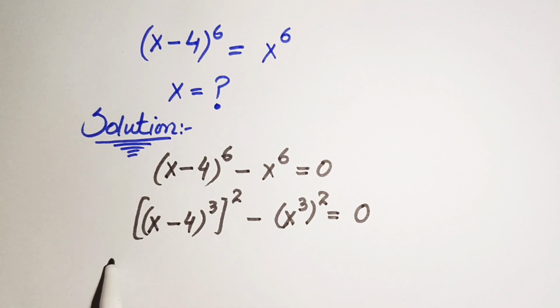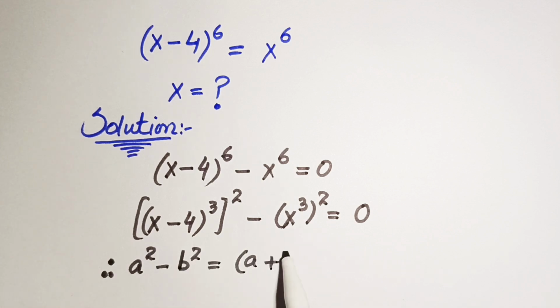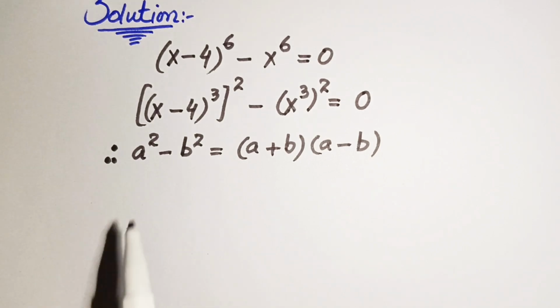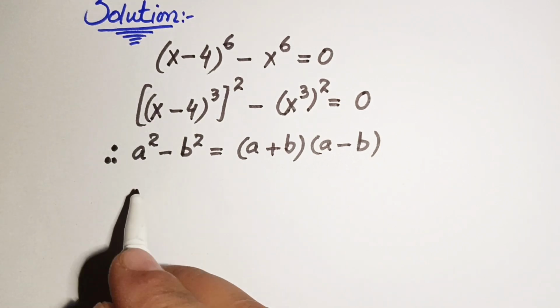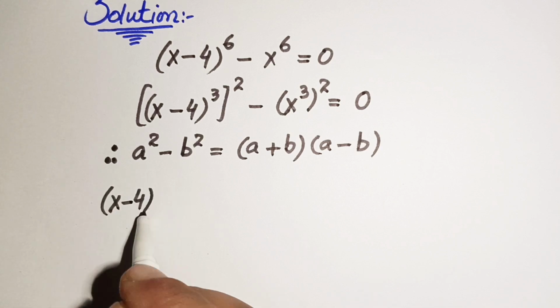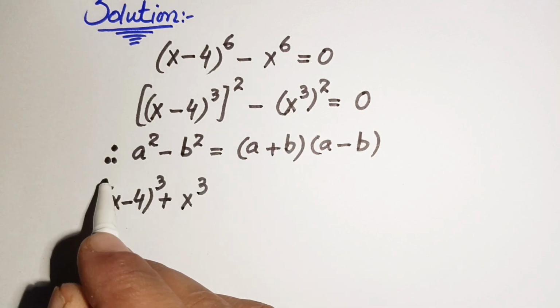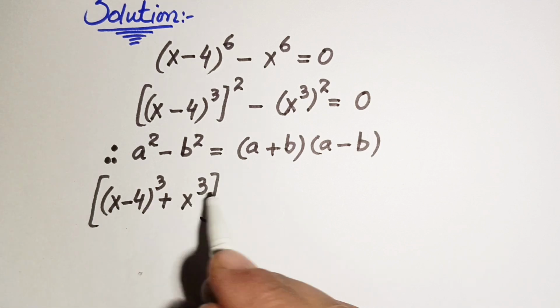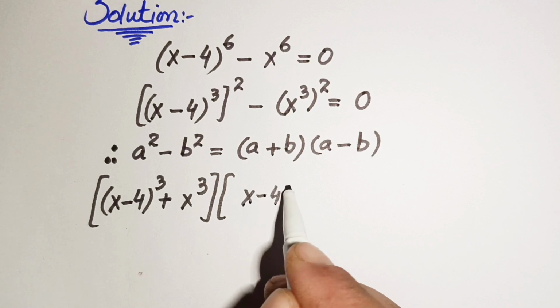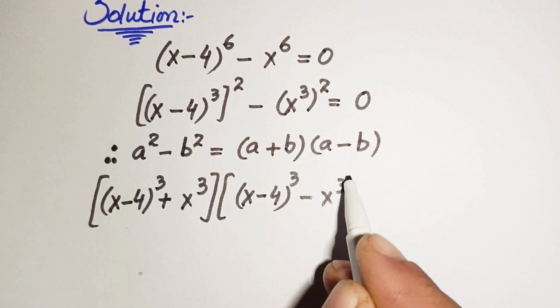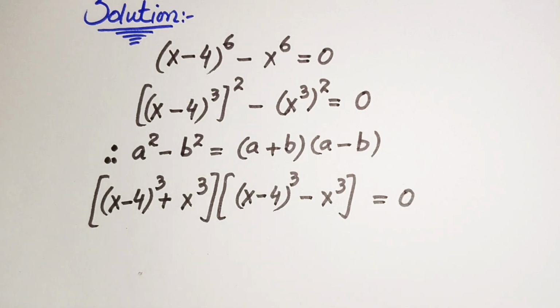By the algebraic formula, a² − b² = (a + b)(a − b). Using this, a is (x − 4)^3 and b is x^3, so a plus b is (x − 4)^3 + x^3, and a minus b is (x − 4)^3 − x^3, which is equal to 0. Now we see that we have two possible cases.